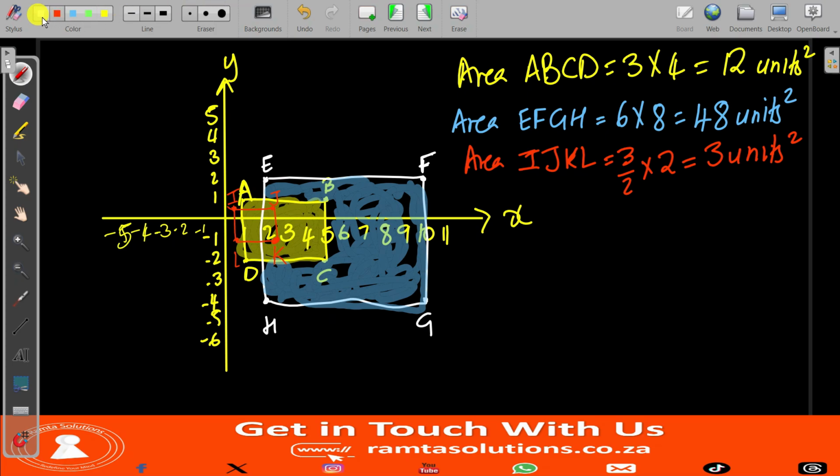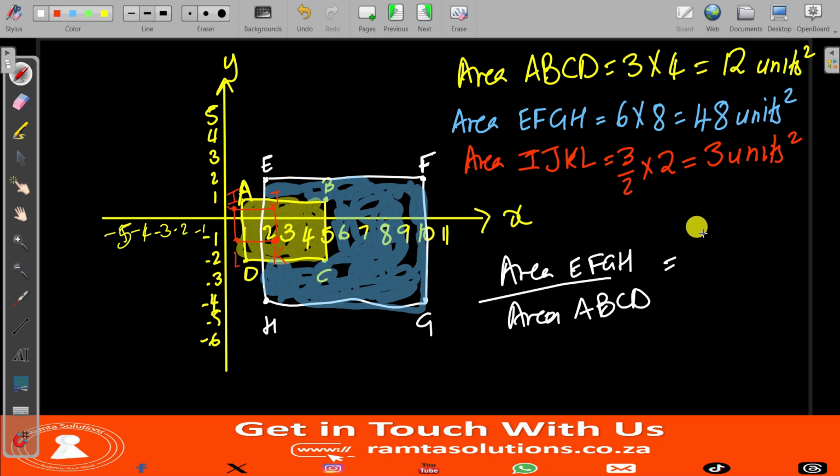Maybe this last point, let me emphasize it here. The area of the image EFGH over the area of the original ABCD.